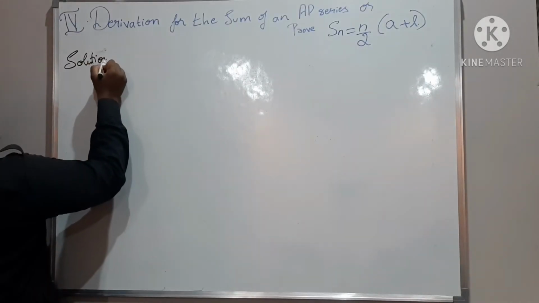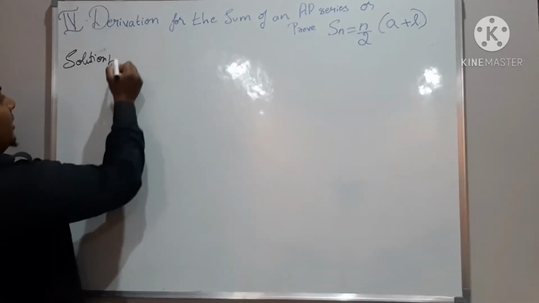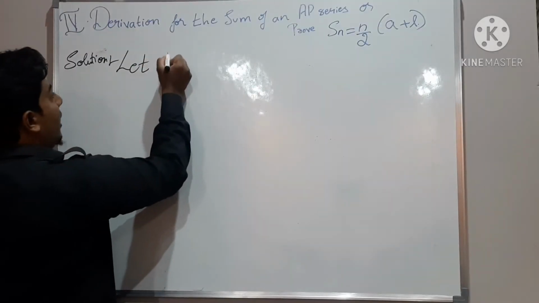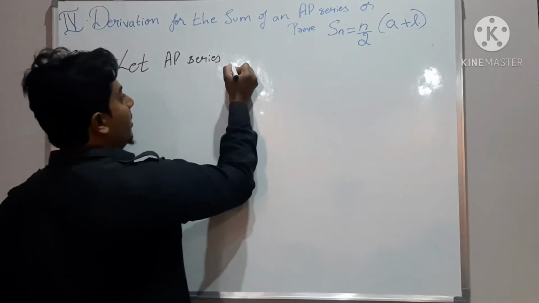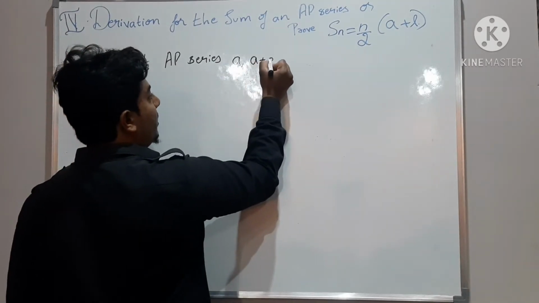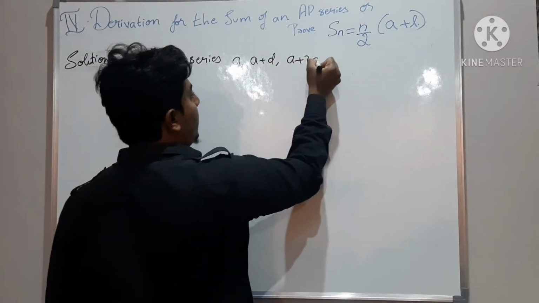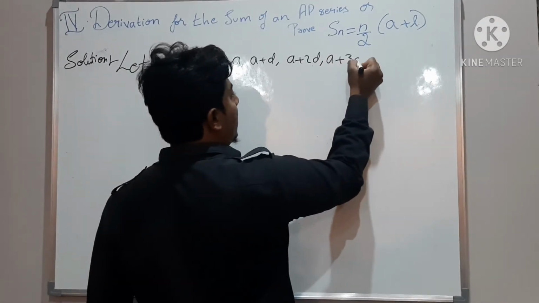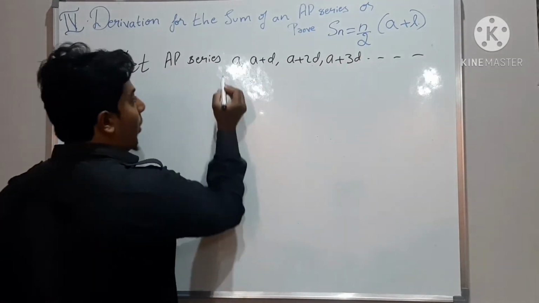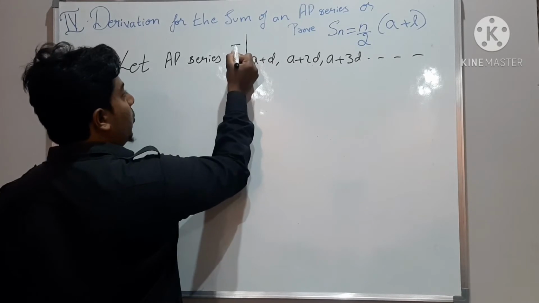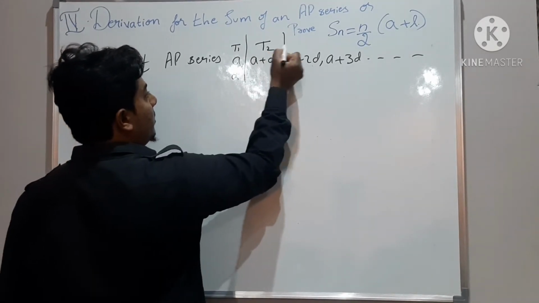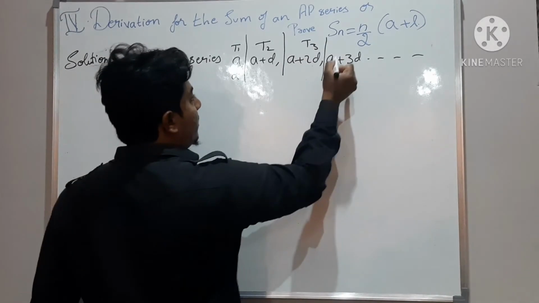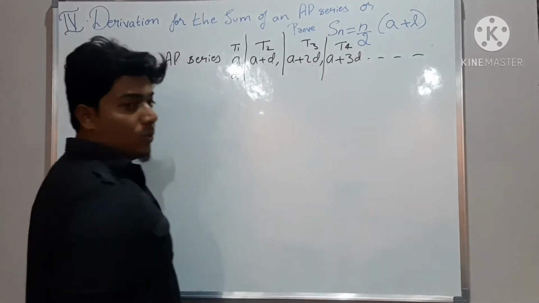In the solution, as we know, let the AP series be a, a plus d, a plus 2d, a plus 3d, etc., where the first term t1 is a, then the second term, third term, fourth term, and it goes on.